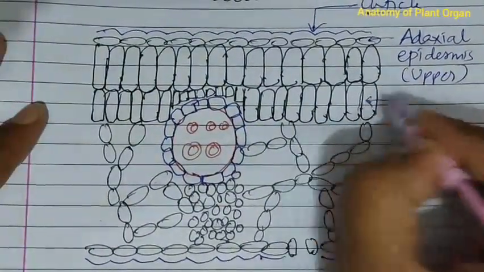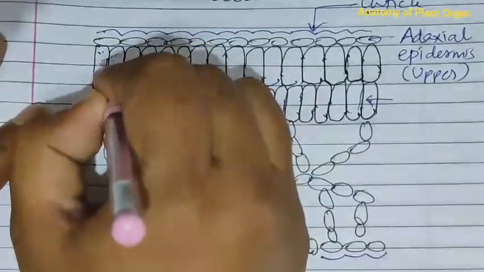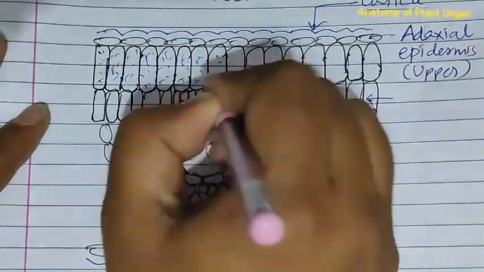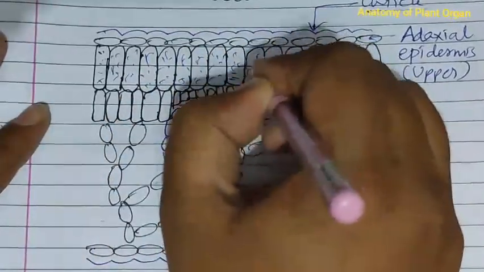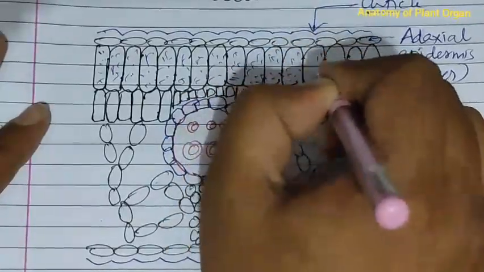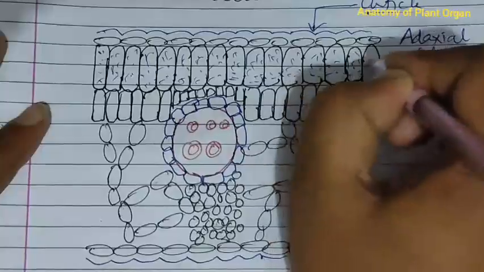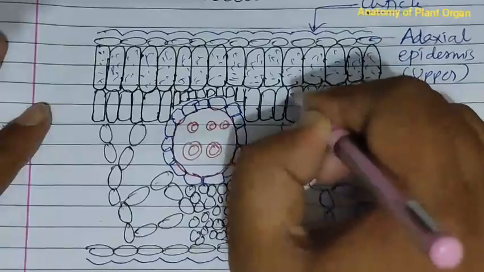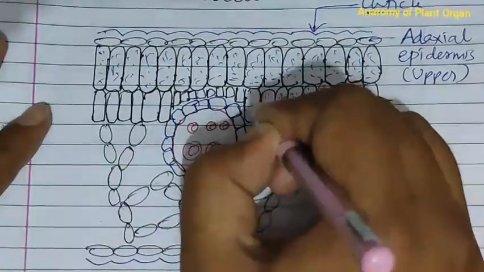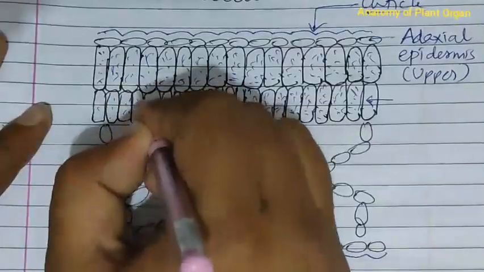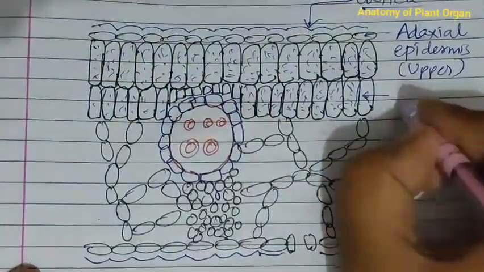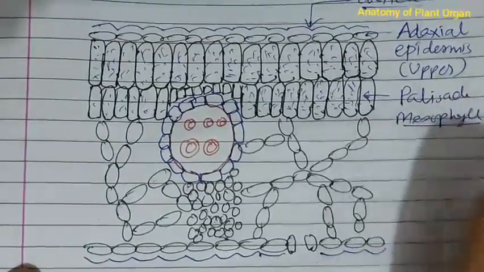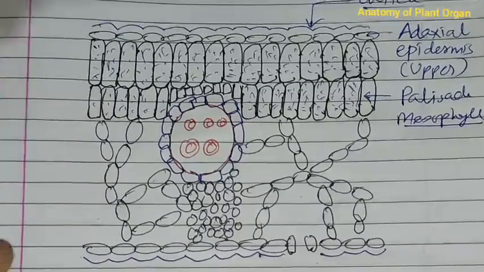And these are the mesophyll cells which have a large number of chloroplasts, in this palisade mesophyll, and this palisade mesophyll is closely packed and columnar, so intercellular spaces are absent.